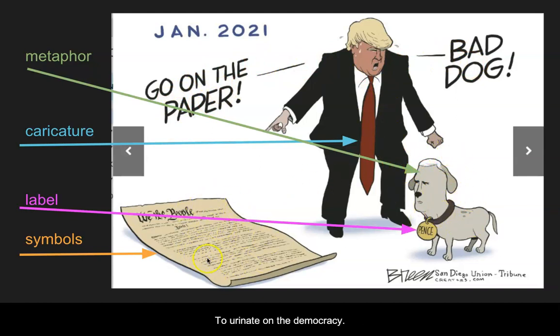So if you were to ask yourself, what message is this artist trying to convey? He's trying to convey that Trump doesn't respect democracy, and maybe that he tries to get people around him to also disrespect or to tear down democracy.